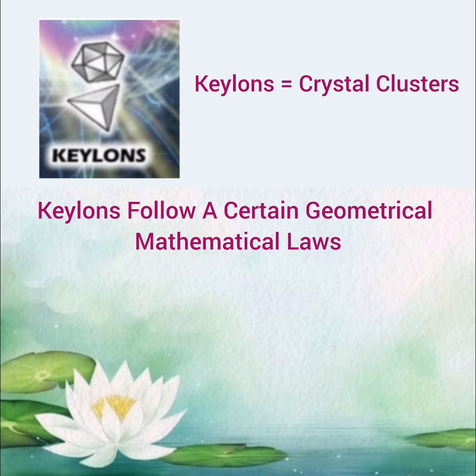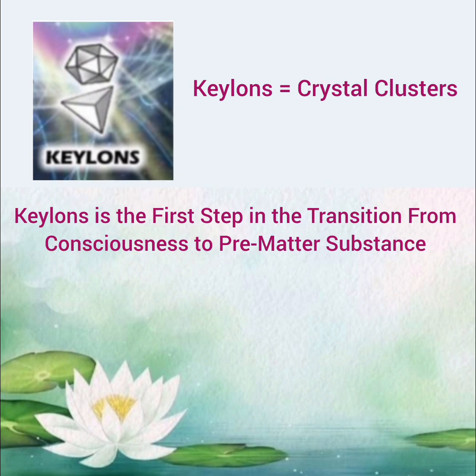Keylons are more and more particles grouped together to form clusters, and these clusters are called keylons. They group together forming very specific geometrical patterns that follow the mathematical laws that apply to the way the dimensions are structured. They group like crystals, that is a crystal type structure with a definite form and shape.